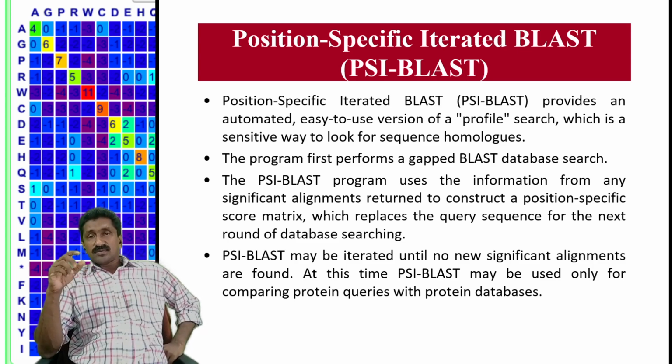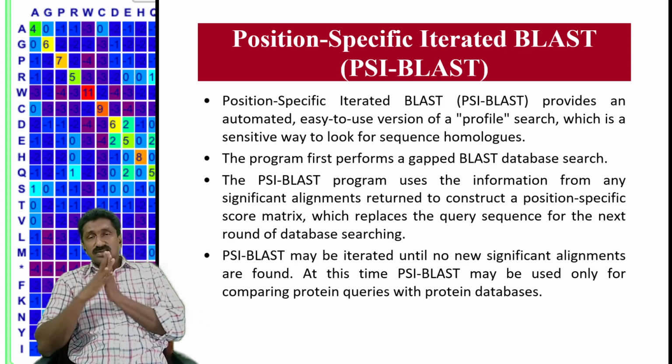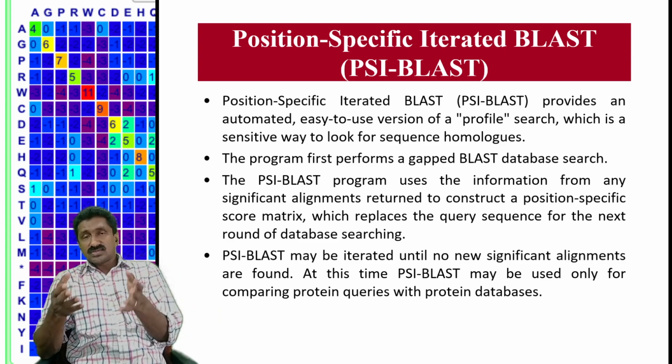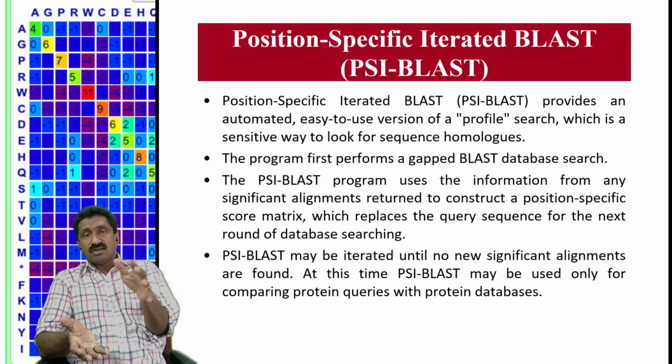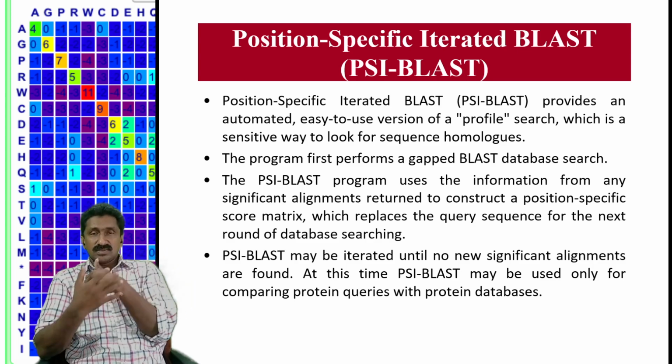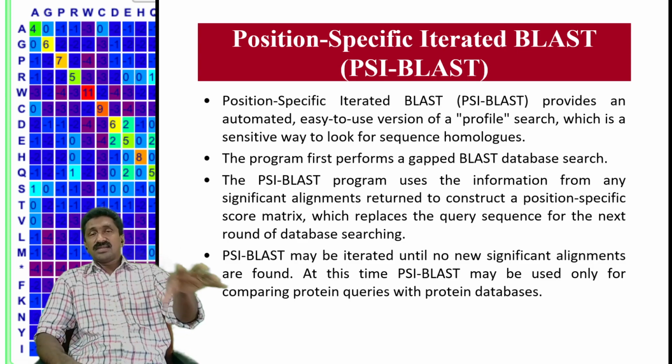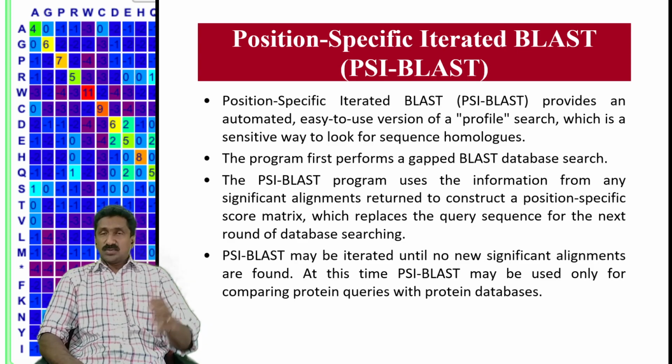The program first performs a gapped BLAST of the database. If you submit a query sequence to NCBI using PSI-BLAST, it will initially perform a BLAST search and list the most similar sequences. A few sequences, like 10 or 100, will be listed and taken, and it will generate a matrix based on those sequences.